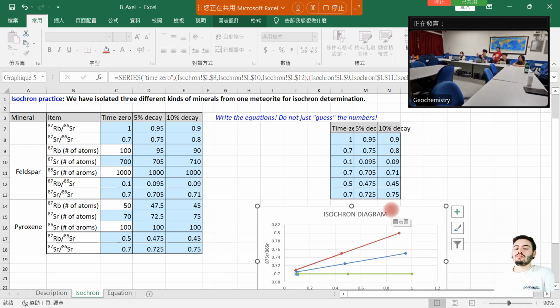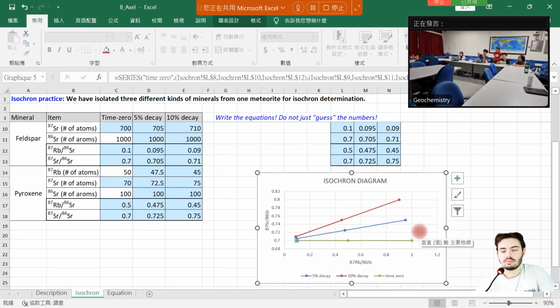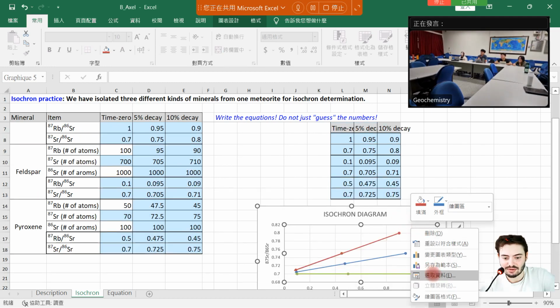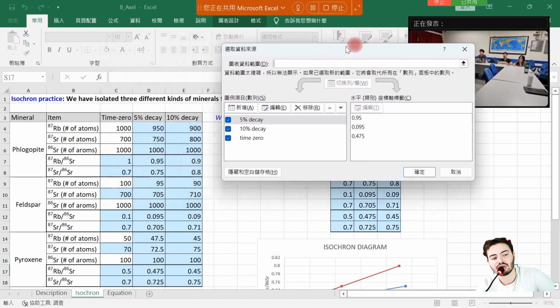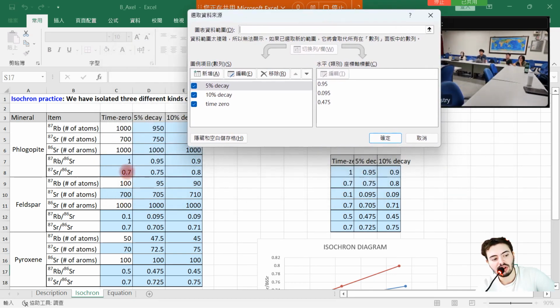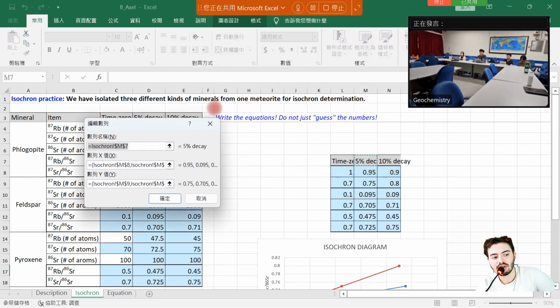How do you draw the isochron diagram? I want to know what data you choose. I first recognized what data I should extract from the table. I made it in a simple table. Then I went here. I held control and then selected for the X, and then selected for the Y, and I've done it 3 times for all my data.